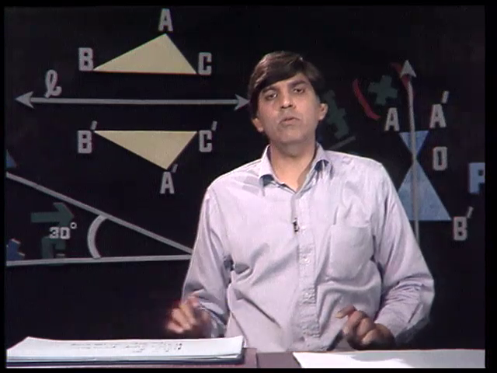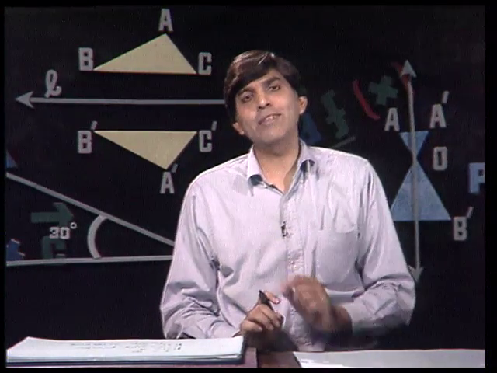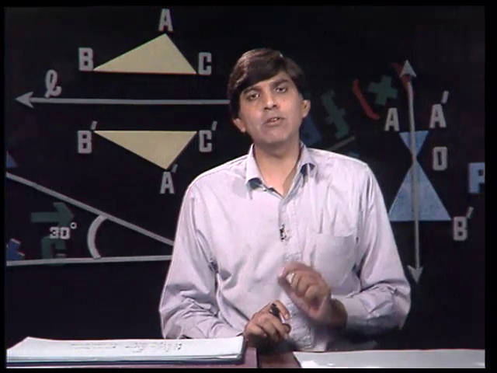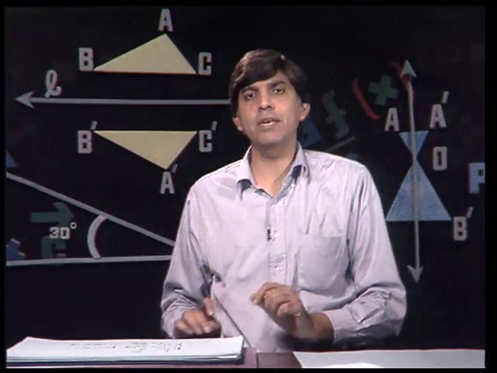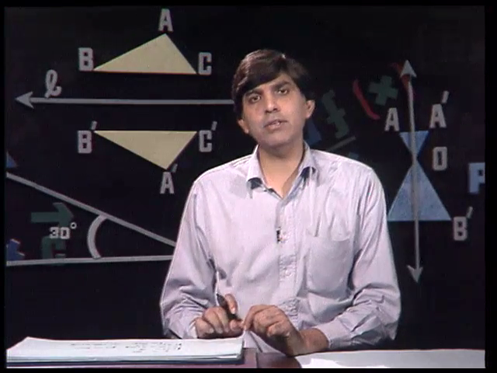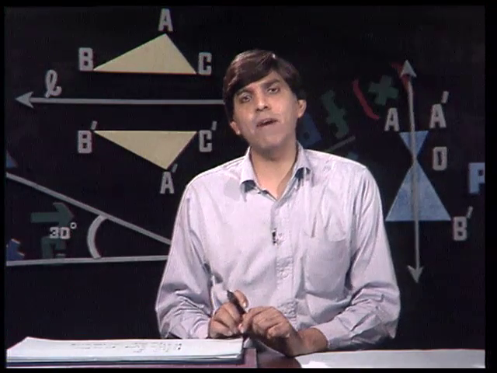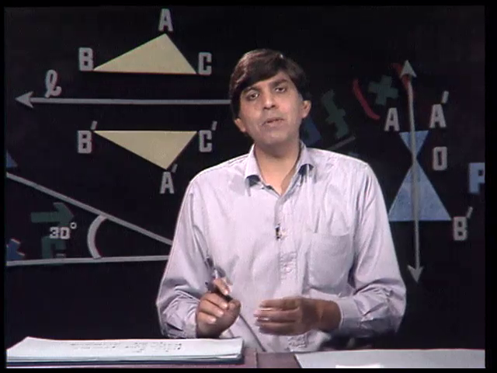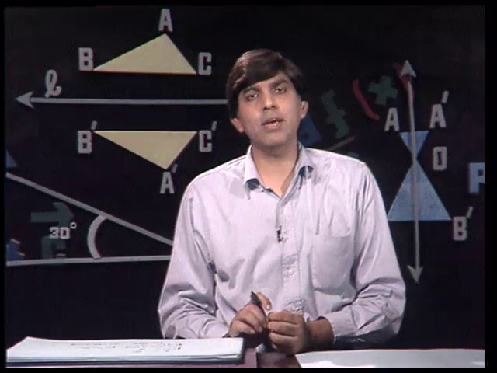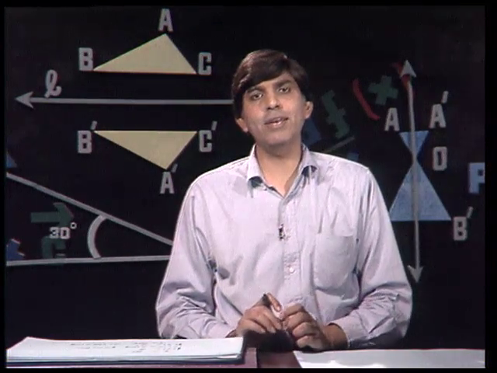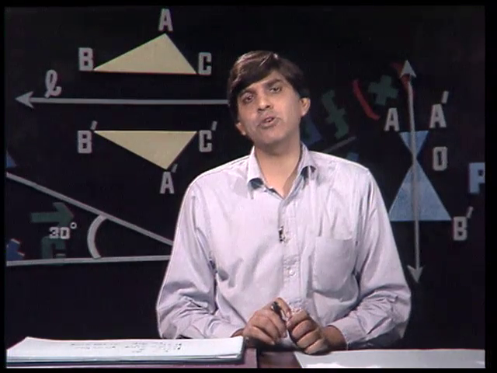I also want you to try this as homework: when I look at the domain, the open interval minus infinity to 0, in that case this is going to be a decreasing function. So there are examples like this which are so simple to understand, which give you an idea of what an increasing function is and what a decreasing function is.